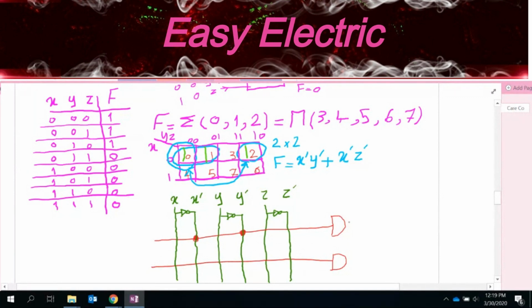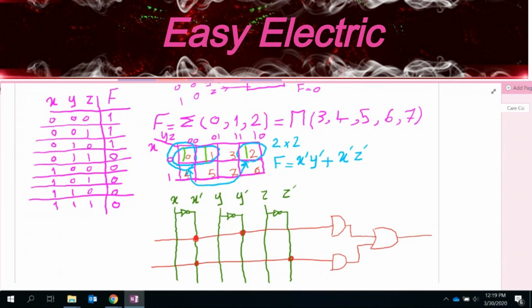Okay, so the next one should be x prime, z prime. So you have one here, which is x prime. The next one is z prime, which is this. Okay. So then what do you need? Then we need one OR, right? You have one OR here. So you just put one OR here, and you put these two together, and this should be your output.